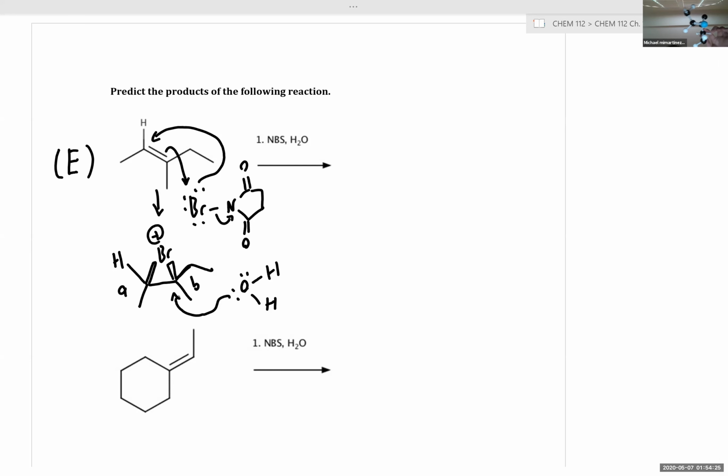So we have our water, and water is going to attack at our most substituted carbon, which is, from your view, the right-hand side. So let's now draw the product after attack.